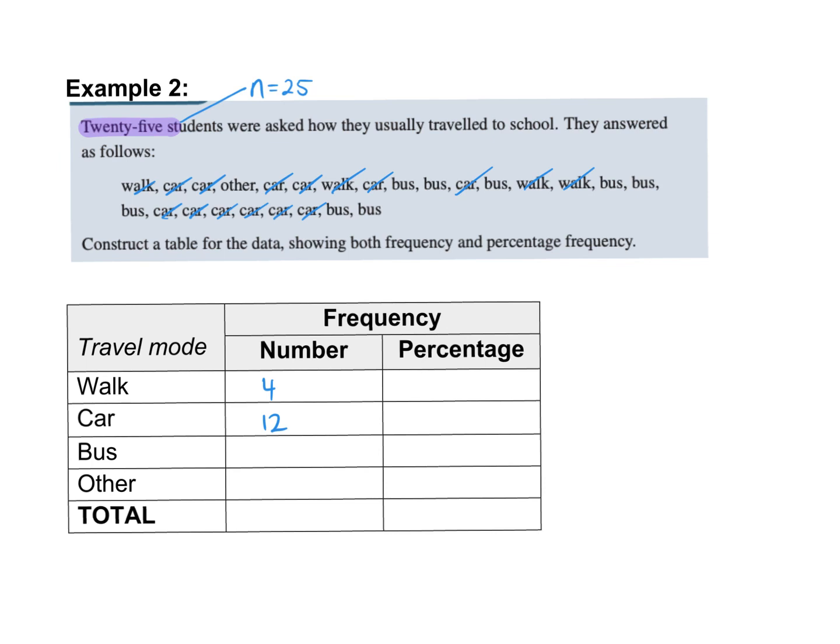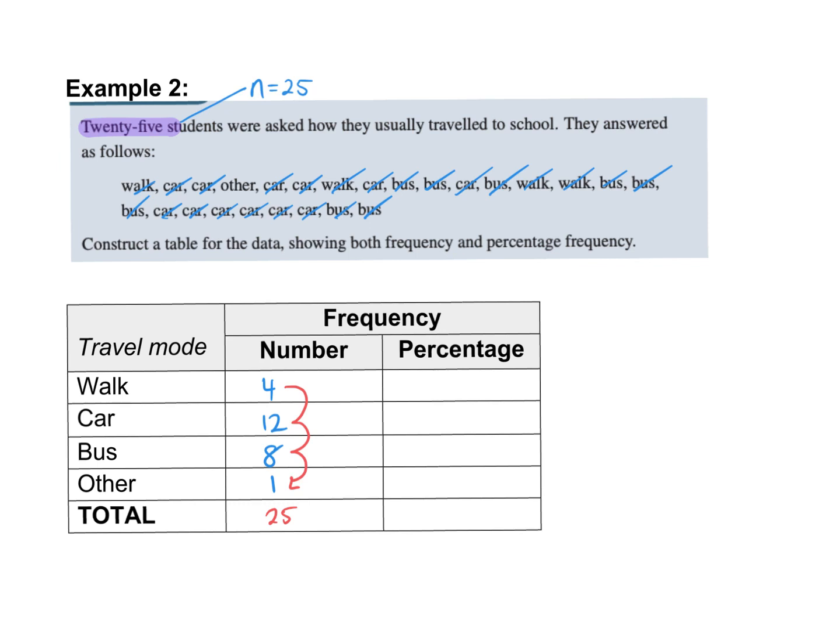The bus next. 1, 2, 3, 4, 5, 6, 7, 8. So 8. And then there was one other. So hopefully when we add these up, we get a total of 25. So 4 plus 12 is 16, plus 8 is 24, plus 1 is 25.